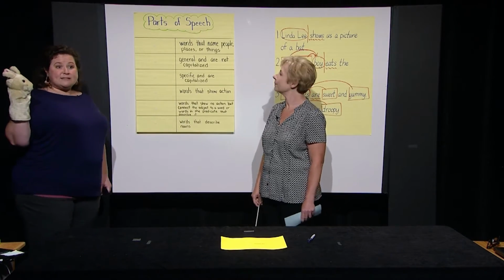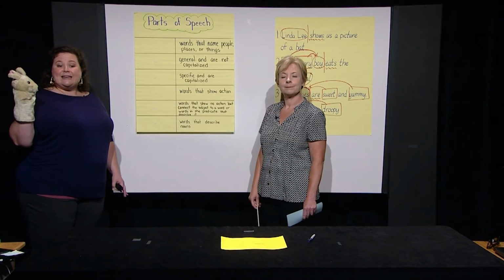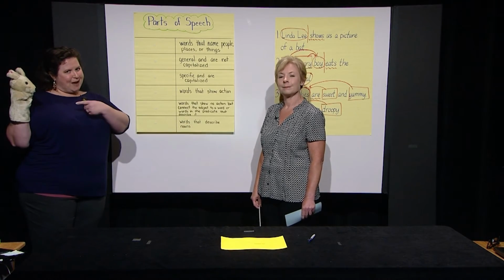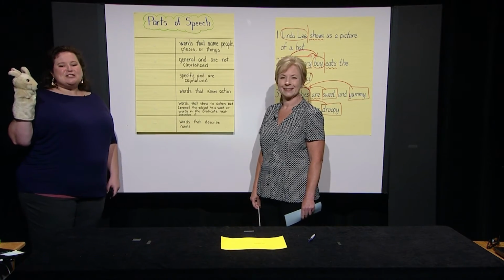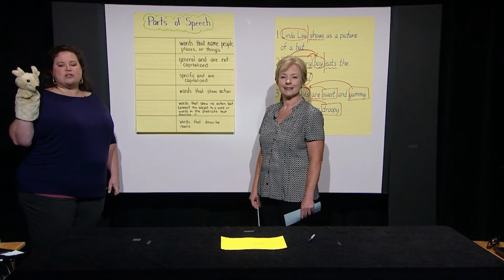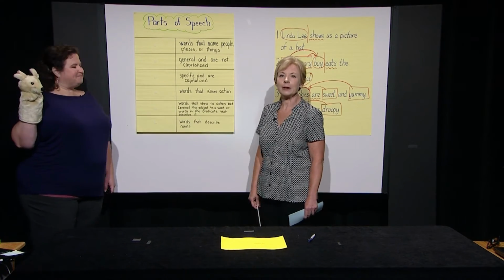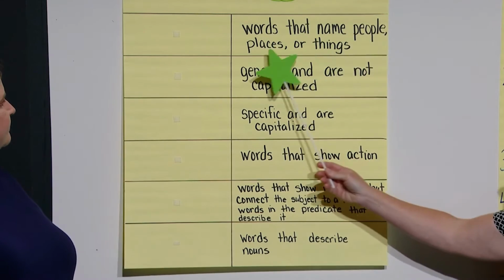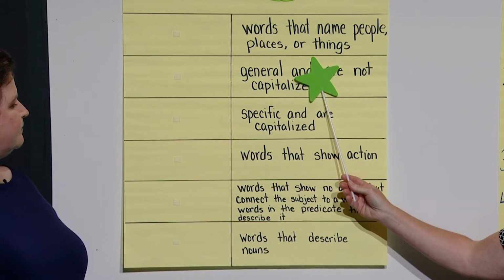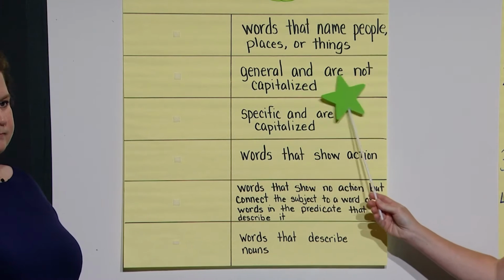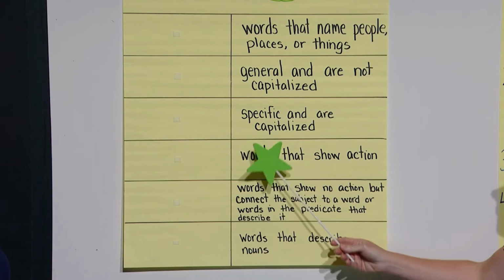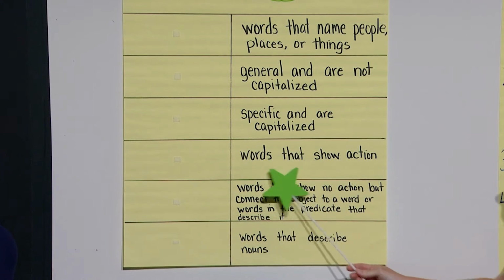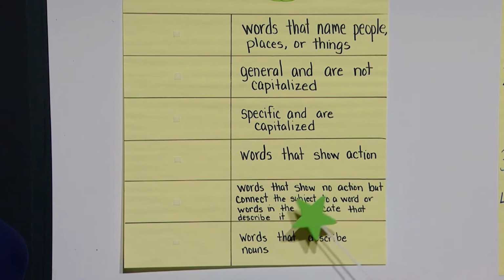So, we've got some definitions up here. Candy has the words for them. Let's work together under Rattenborough's guidance to determine which word goes with which definition. Let's read our definitions first. Words that name people, places, or things. General ones are not capitalized. Specific ones are capitalized. Words that show action.